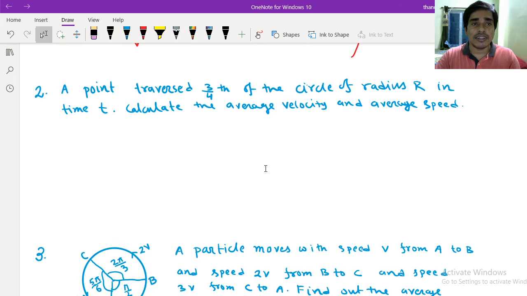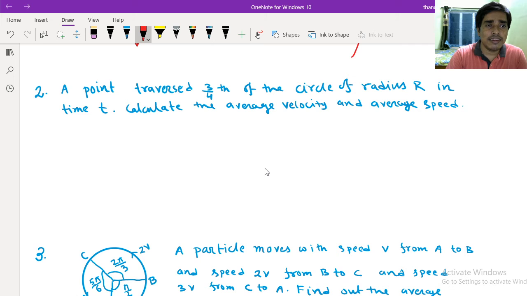And another condition: a point traverses 3/4 of the circle of radius r in time t. You have to calculate the average velocity and average speed.